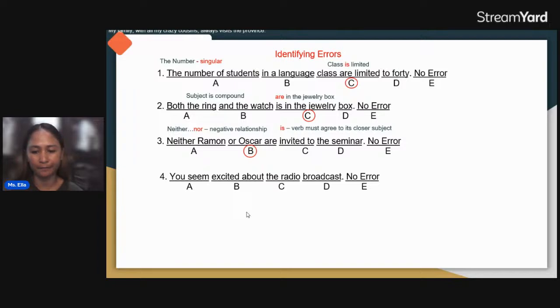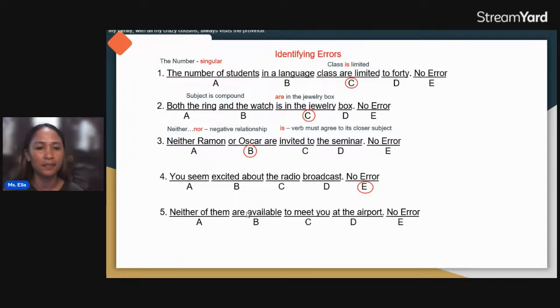Okay. So for number four, the correct answer here is no error. Again, no error. Why? This sentence is perfect. Okay, no error in this sentence.